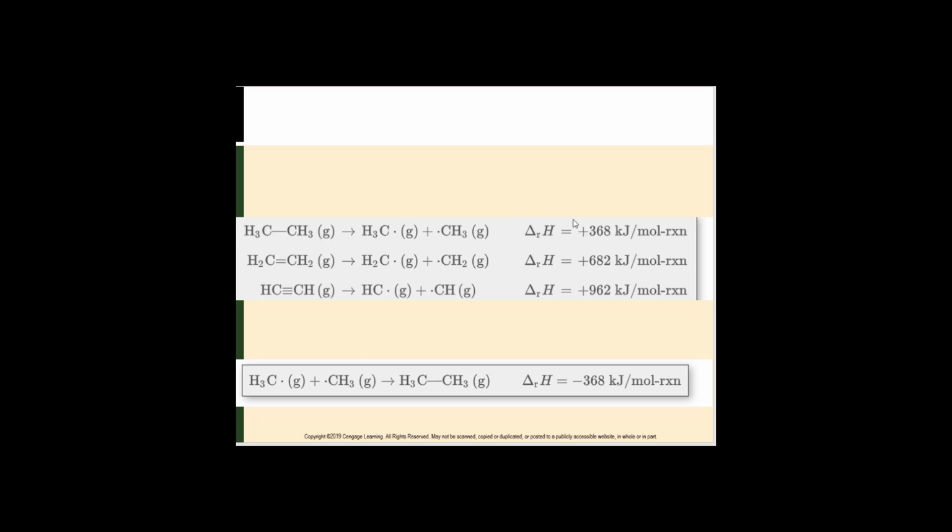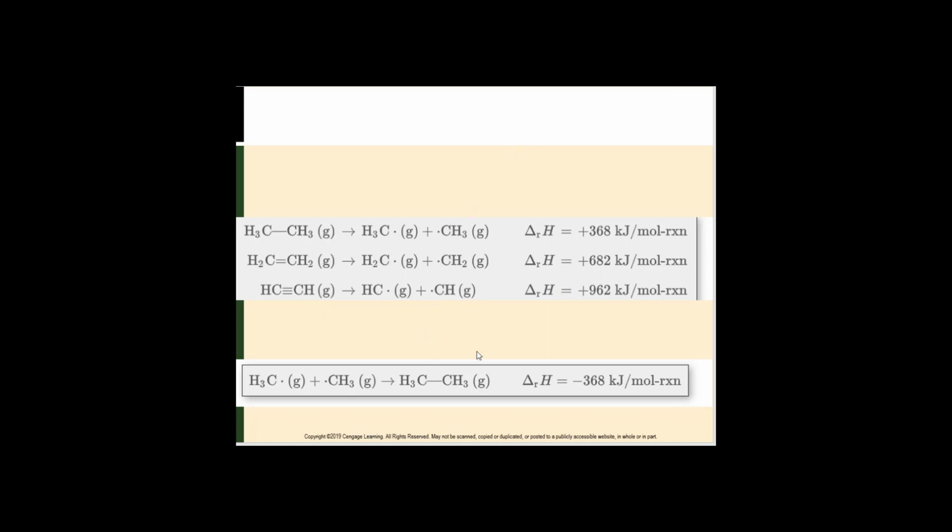And to compare that to breaking a double bond, we can see that it requires more energy. And the triple bond requires the most energy at 962 kilojoules per mole.